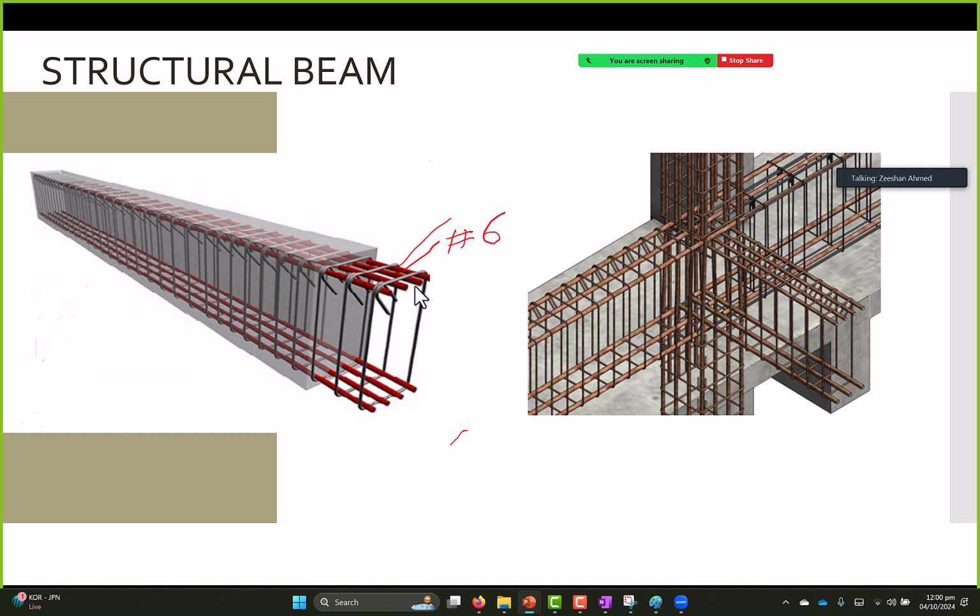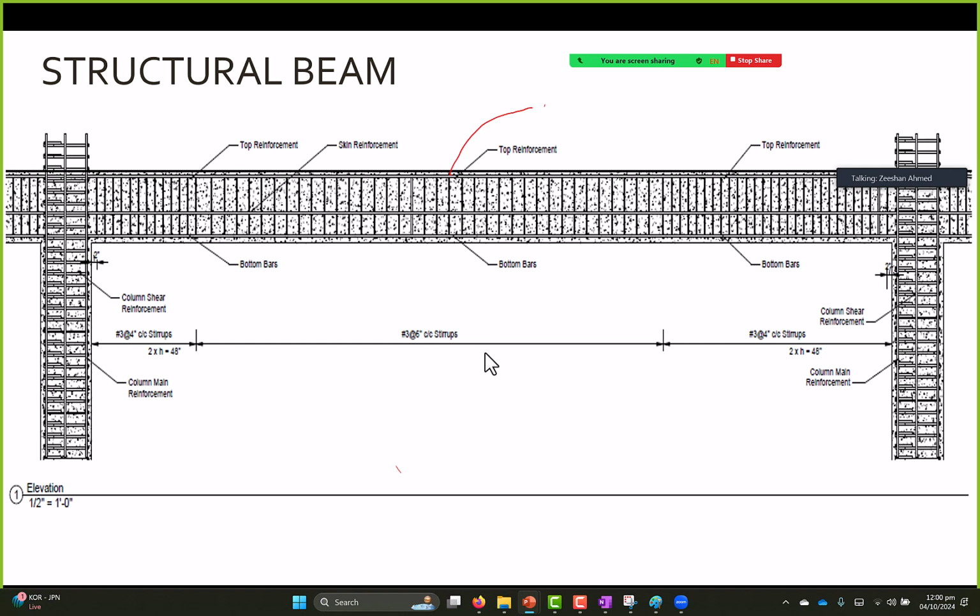What is the quantity? 4. So on elevation, how will you do this? You will write 4 dash number 6, which means these are 4 bars of number 6.